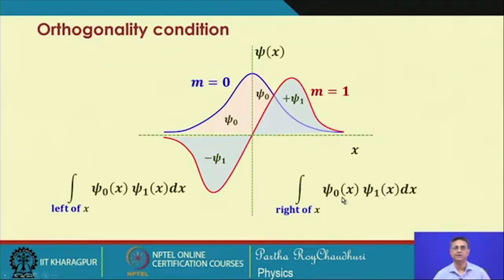So, this integral and this integral are equal, but they have opposite sign, because the product here is psi 0 and minus psi 1, and here the product is psi 0 and plus psi 1. So, they will cancel each other, and the result is that this product over the entire waveguide will be equal to 0. That is the orthogonality, and this is true for every mode to every other mode.